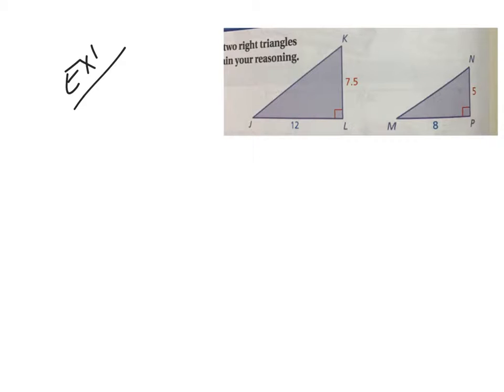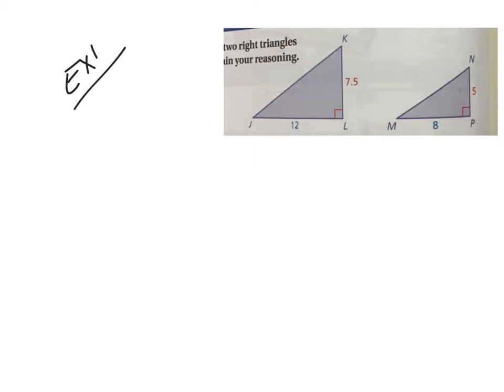Just looking at these, do they look similar? Yes. My picture looks a little wonky because it's bending right there in the page. But in your actual textbook, they do look similar. But that doesn't necessarily mean they are similar.